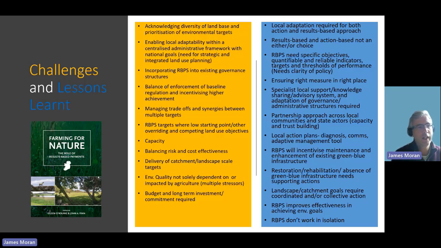Local action plans play a key role in terms of diagnosis of the issues, communications of what the results are, and acting as an adaptive management tool, incorporating the monitoring. So these are often living plans. We have found that results-based payment in particular will incentivize maintenance and enhancement of existing environmental infrastructure, both on land and in water, in a farmed environment.